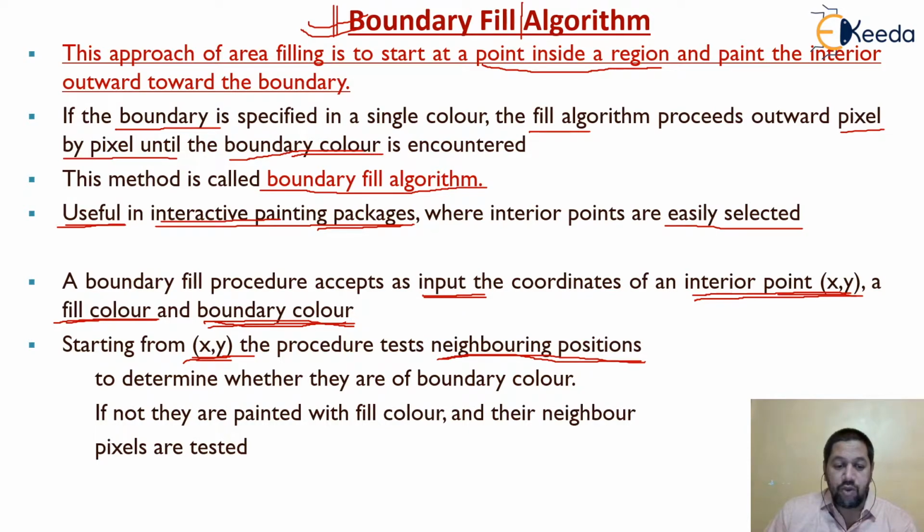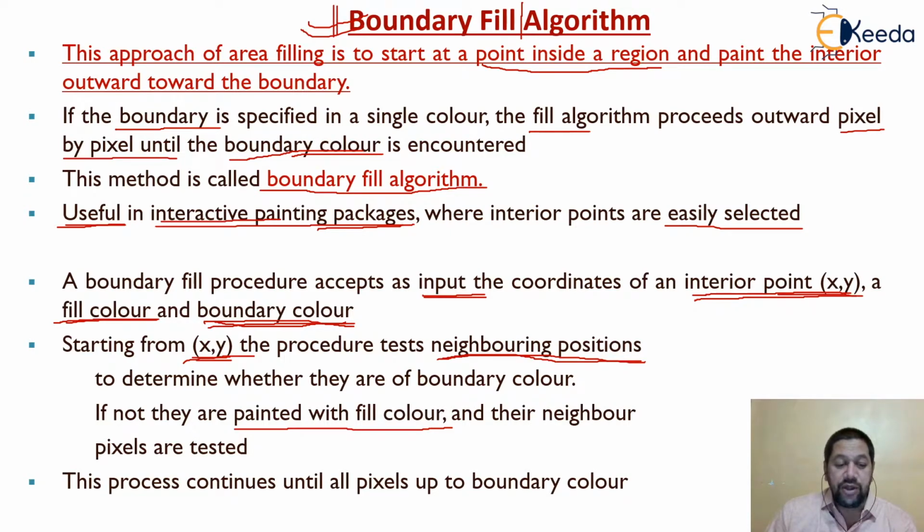If they are not of the boundary color, they are painted with the fill color. So I fill those neighbor pixels with the fill color, and their neighbor pixels are again tested. I go on considering all the neighbor pixels until I reach the boundary color, or the boundary.